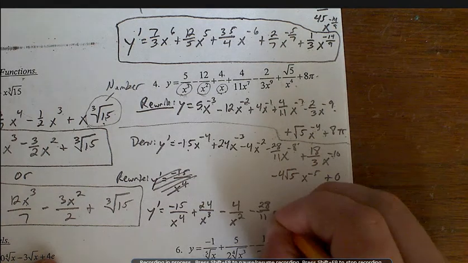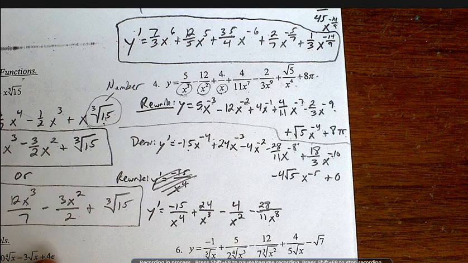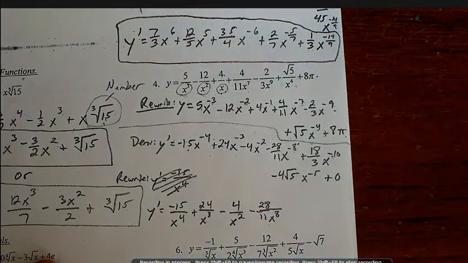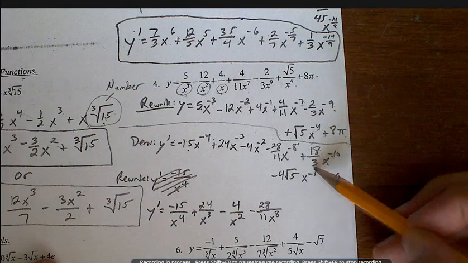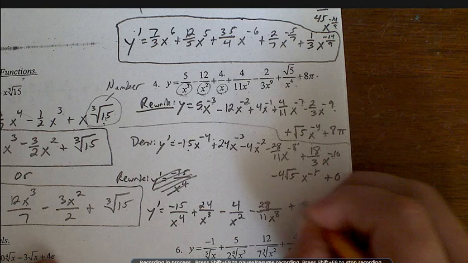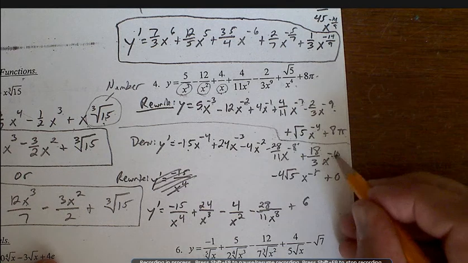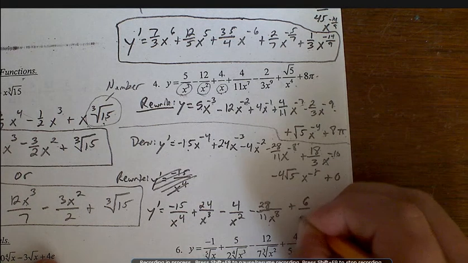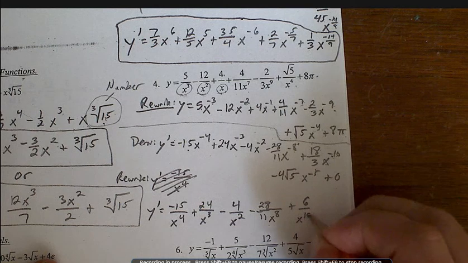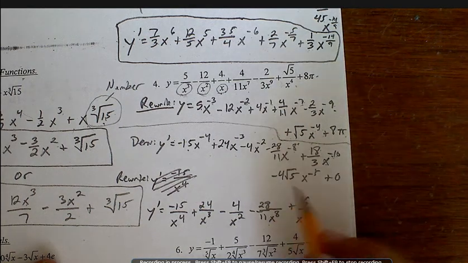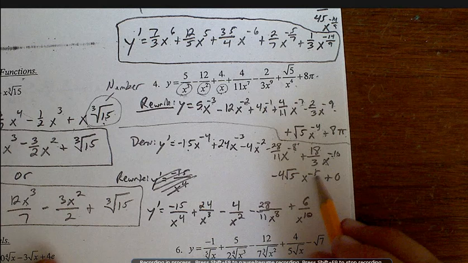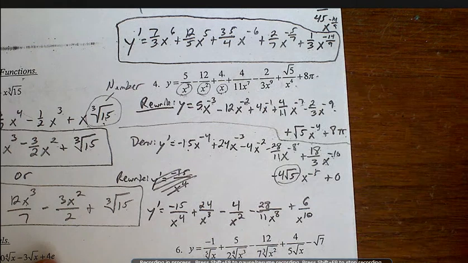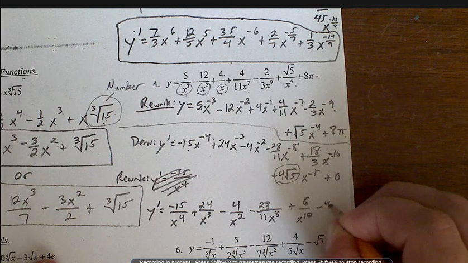And then I have minus 4 square roots of 5, x to the negative 5th. Again, this is our coefficient. X to the negative 5th, so x to the positive 5th in our denominator. And now this would be my final answer. So this answer is technically correct, but this is more simplified.